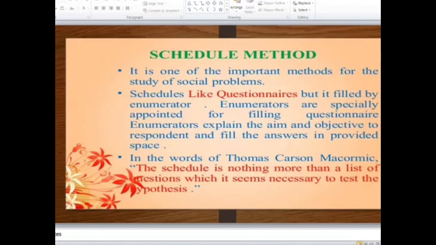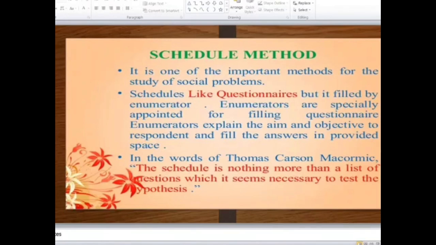These enumerators go along with the schedules to the respondents, put to them the questions from the proforma in the order of the questions, and the answers are recorded, and then the respondent replies in the space meant for the same.